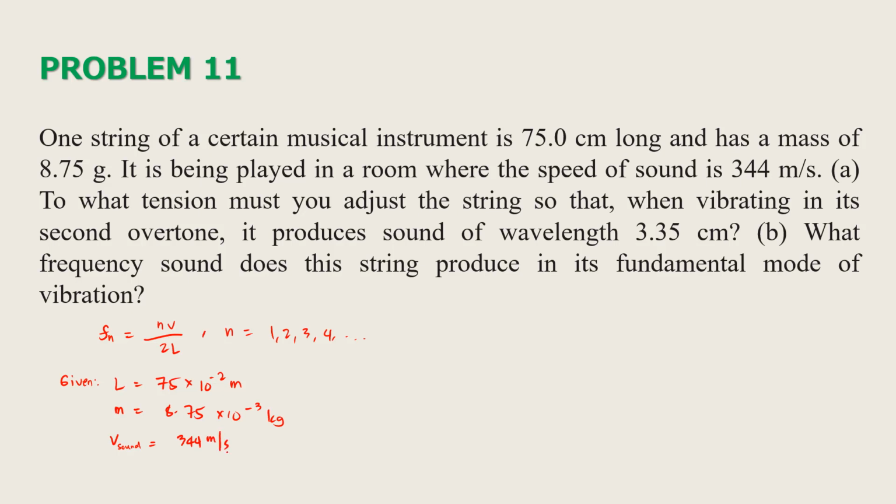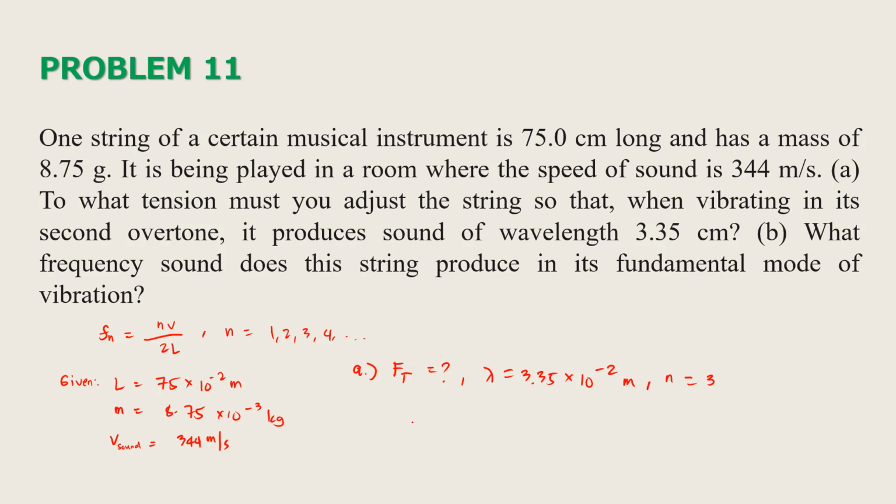And we are asked to find the tension so that when vibrating in its second overtone, it produces sound of wavelength 3.35 cm. So for letter A, lambda is equal to 3.35 cm. Take note that this is for the second overtone. That means n equals 3.